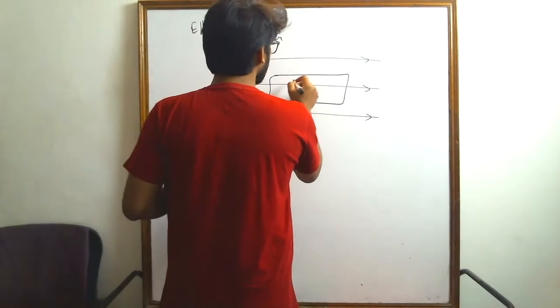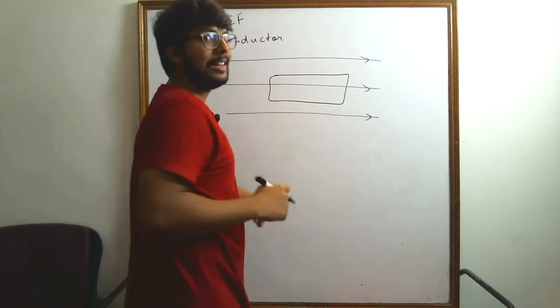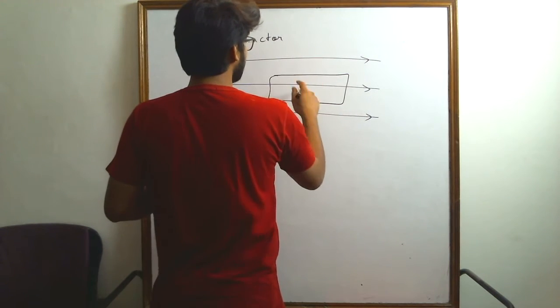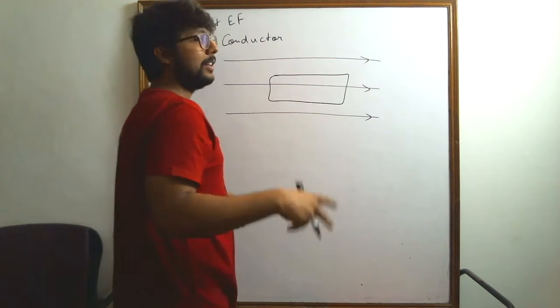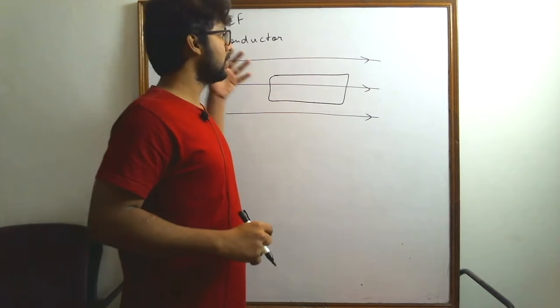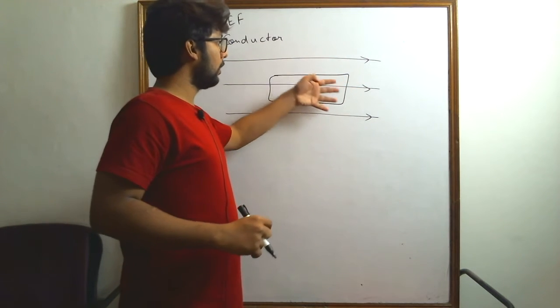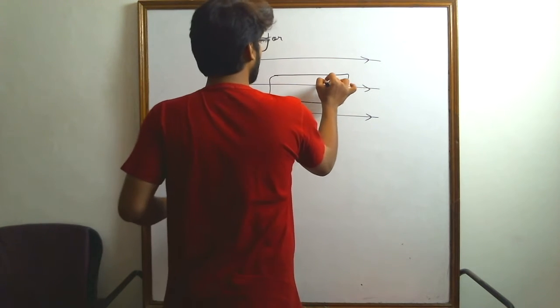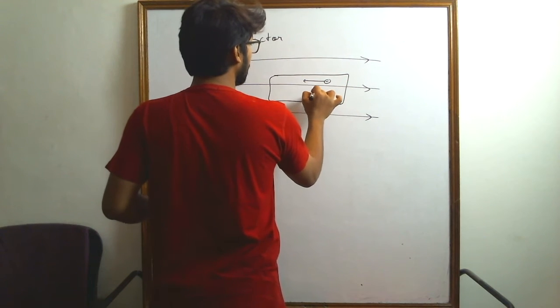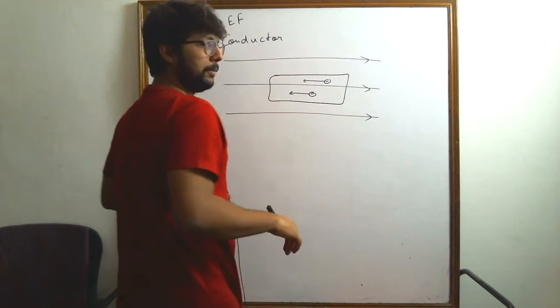What happens is the free electrons in the conductor start moving in the direction opposite to the electric field. Why? Because the electric field attracts them the opposite way. So if an electron is here, it will move this way. If an electron is here, it will move this way, right?